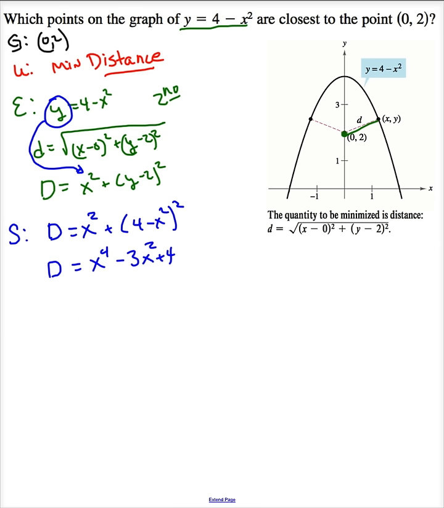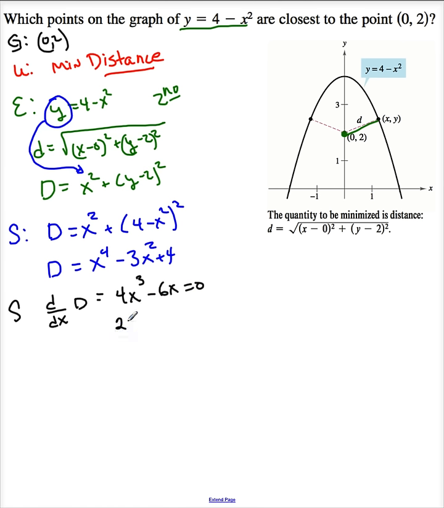Now, the next thing you need to do is take the derivative with respect to x of D, and that is going to be 4x cubed minus 6x. And we need to set this equal to 0, so we need to factor it.